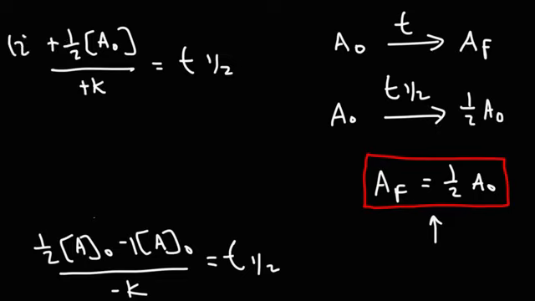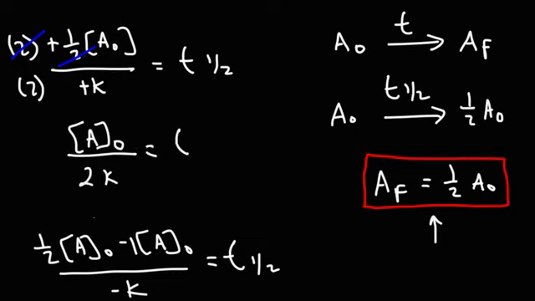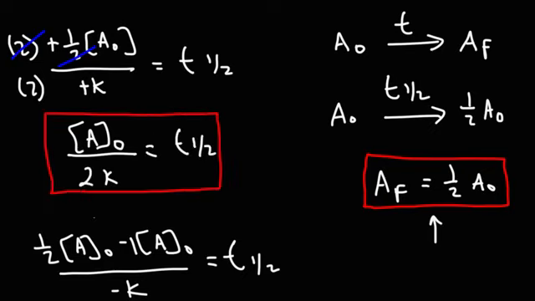And to get rid of the fraction, we can multiply the top and the bottom by 2. 2 times 1/2 is 1. So this is going to simplify to A initial over 2K. So that is the half-life equation for a zero-order reaction.